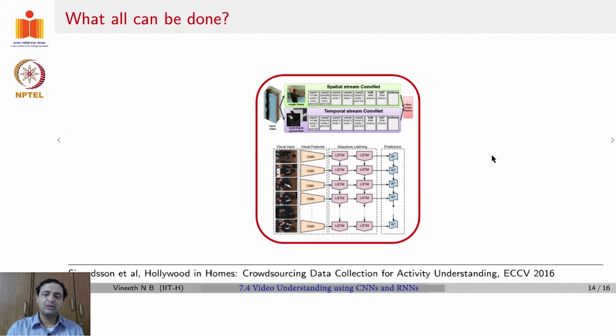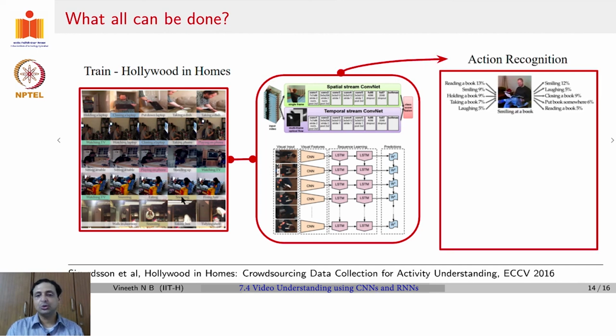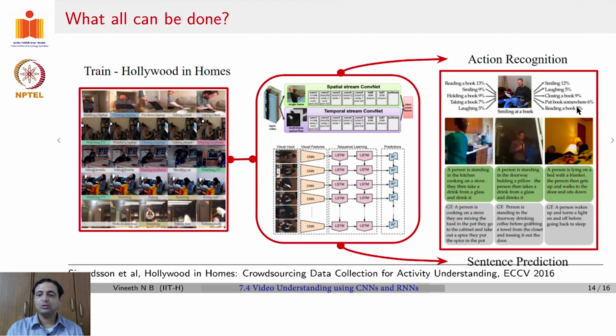Or if you had a different kind of data set, another data set that's popular is known as Hollywood in Homes, which is an activity understanding data set again. In this, you could perform action recognition such as smiling at a book, so on and so forth. Or you could also perform sentence prediction such as caption generation for a full video or equivalent problems.